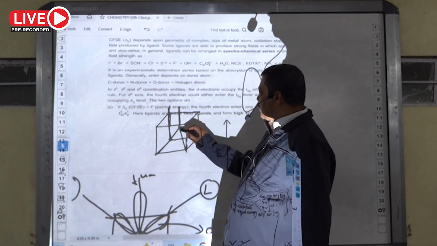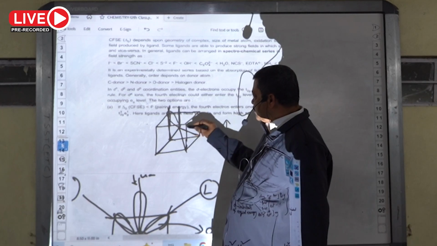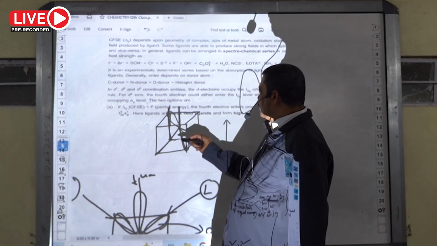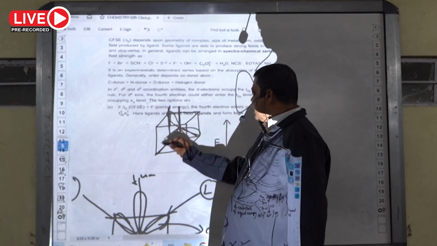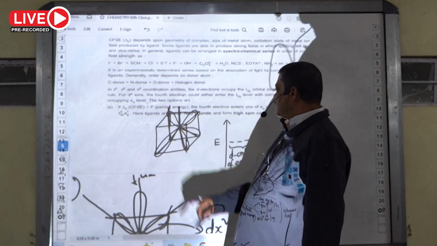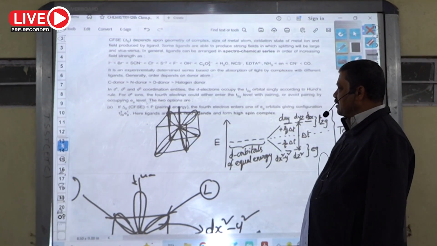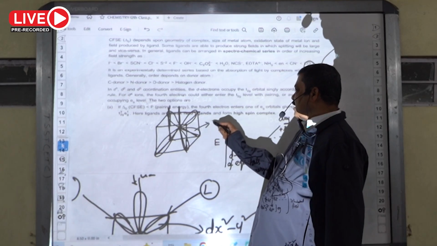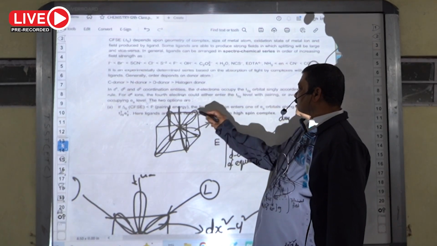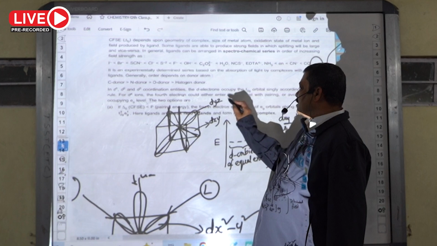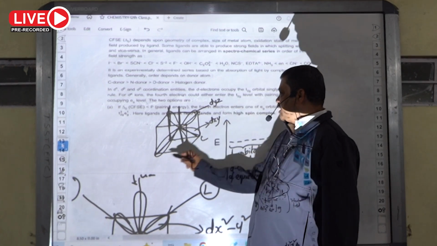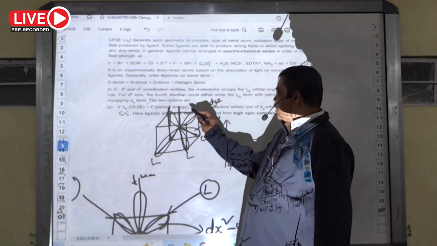Here the lobes of dxy, dyz, this is dxy or dyz, they face the ligands, the 4 ligands.